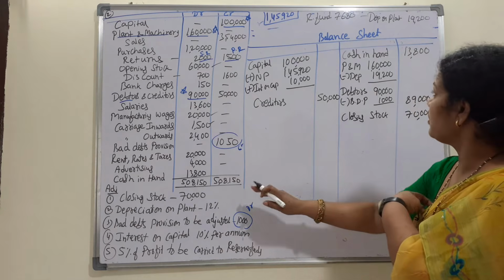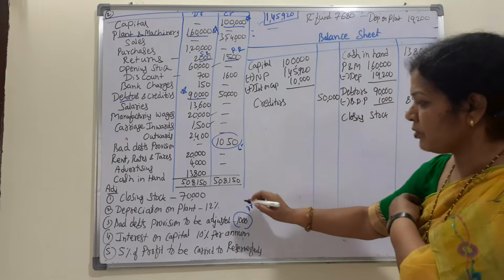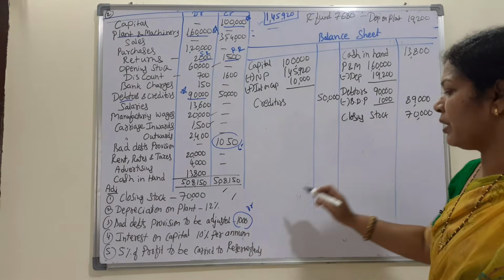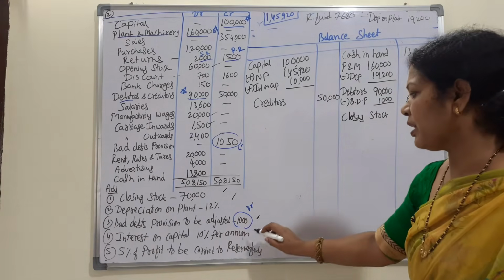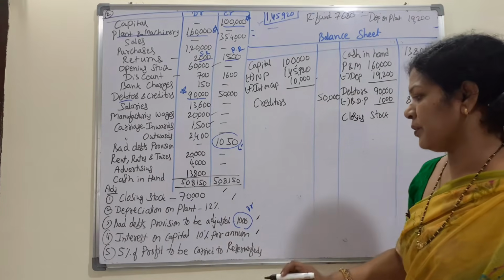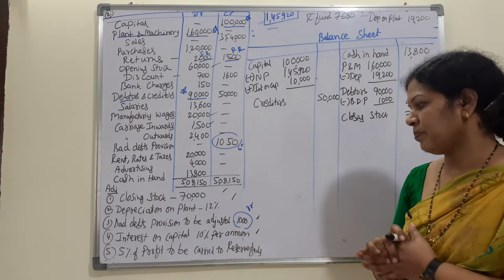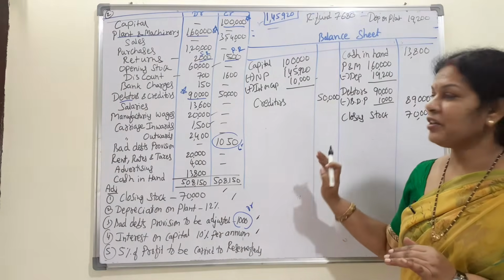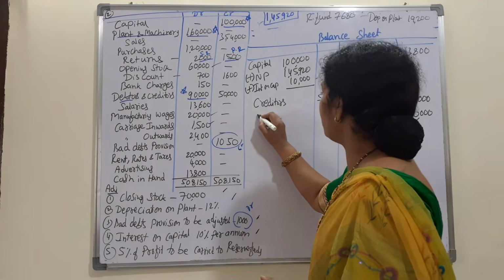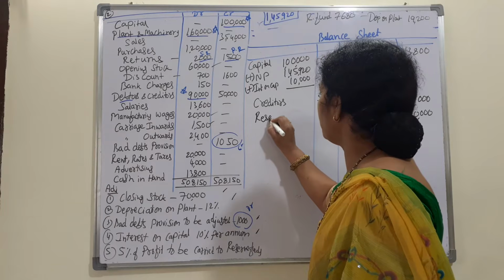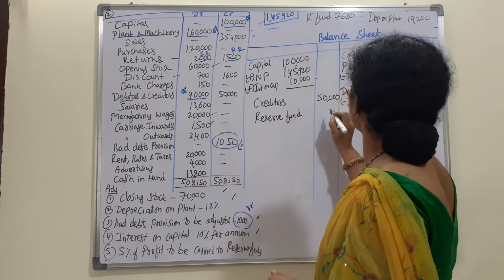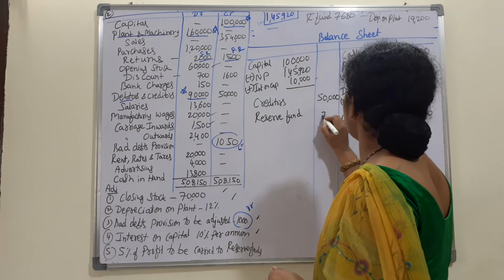Next, depreciation on plant already taken. Okay, this is over already. And bad debts provision 1,000 rupees also we have taken. Next, interest on capital 10%, this is also taken. 5% reserve fund, debit side, and also balance sheet liability. Here we will take reserve fund, 7,680.